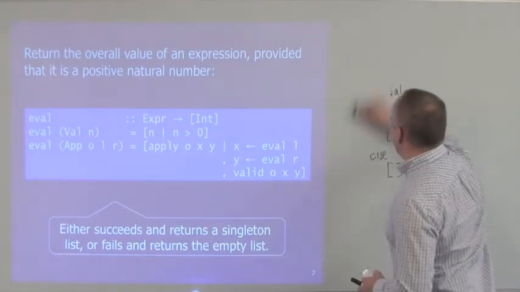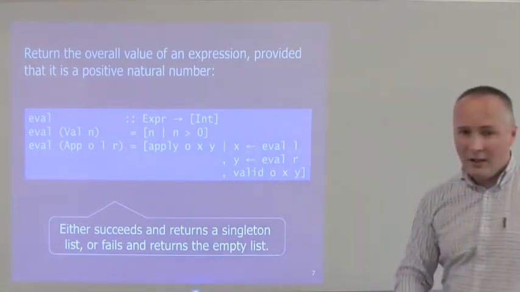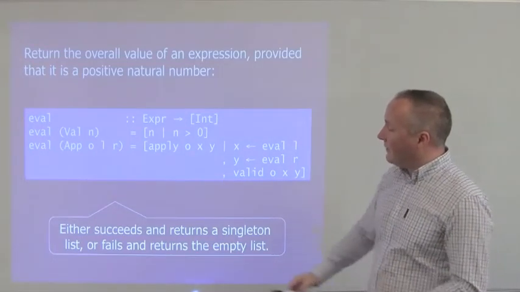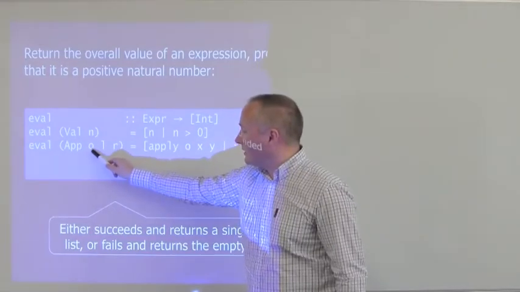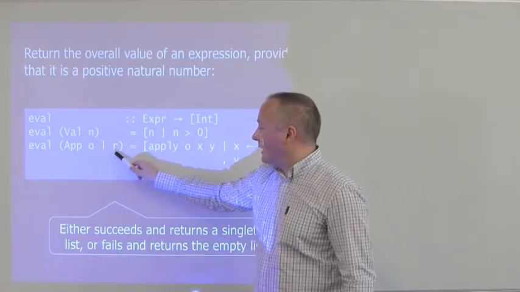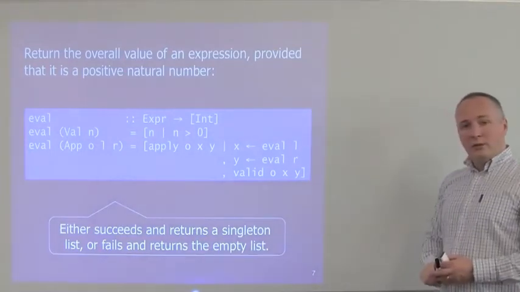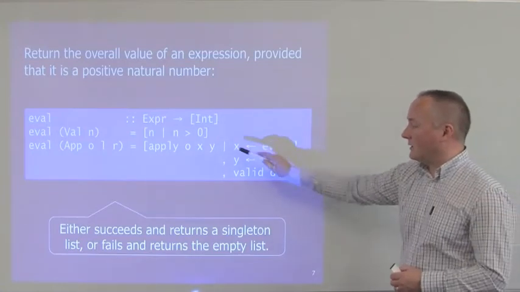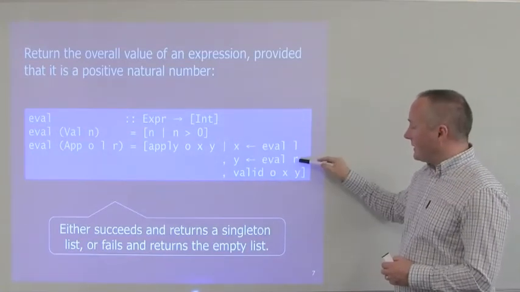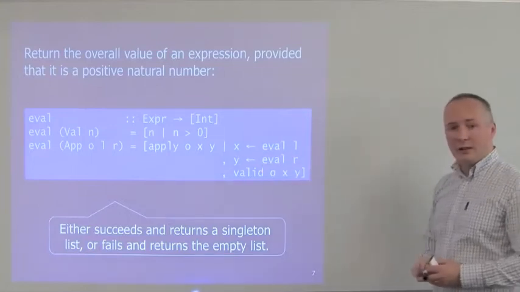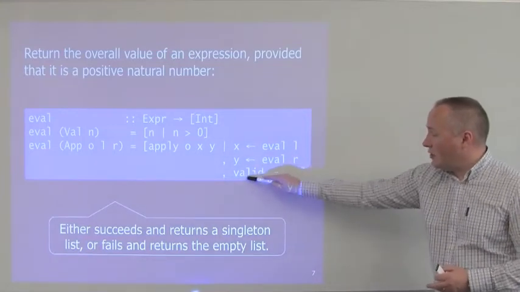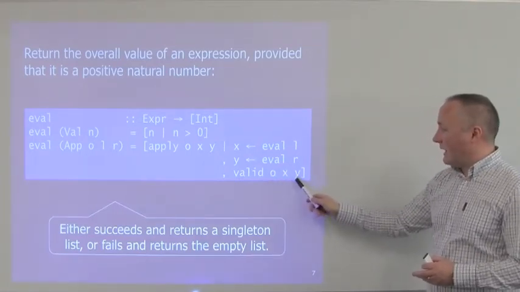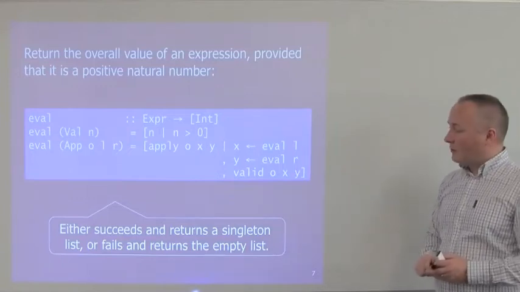We really see the payoff of using list comprehensions when we look at the application case. If you have an application of an operator O to a sub-expression L and a sub-expression R, what you want to do is evaluate the left sub-expression, and if that succeeds, call its result X. Evaluate the right sub-expression, and if that succeeds, call its result Y. Then check: is the application of the operator O to the integers X and Y valid?